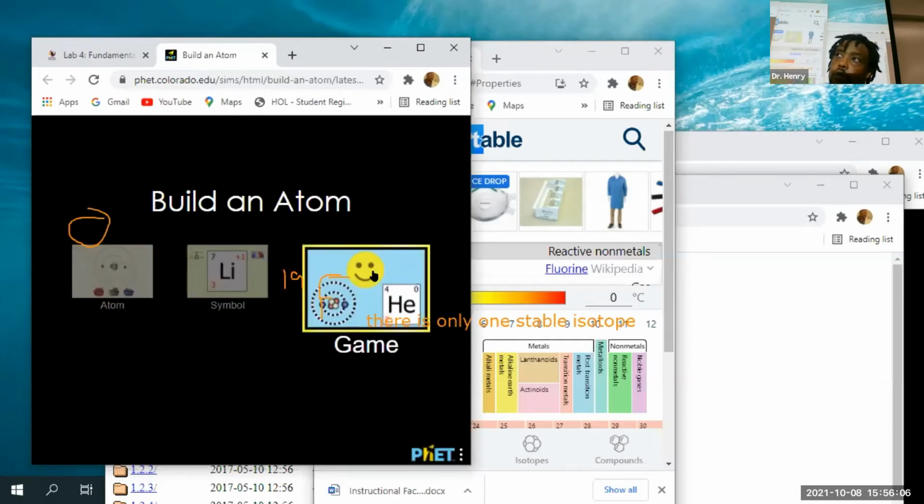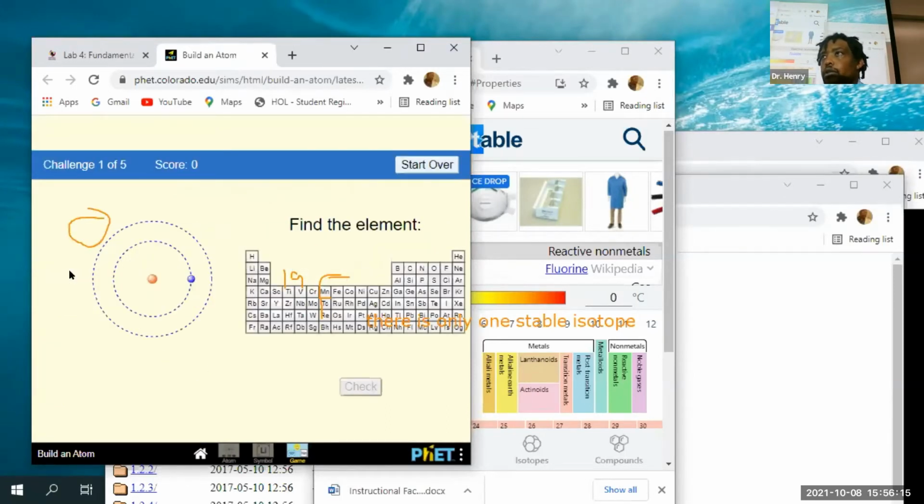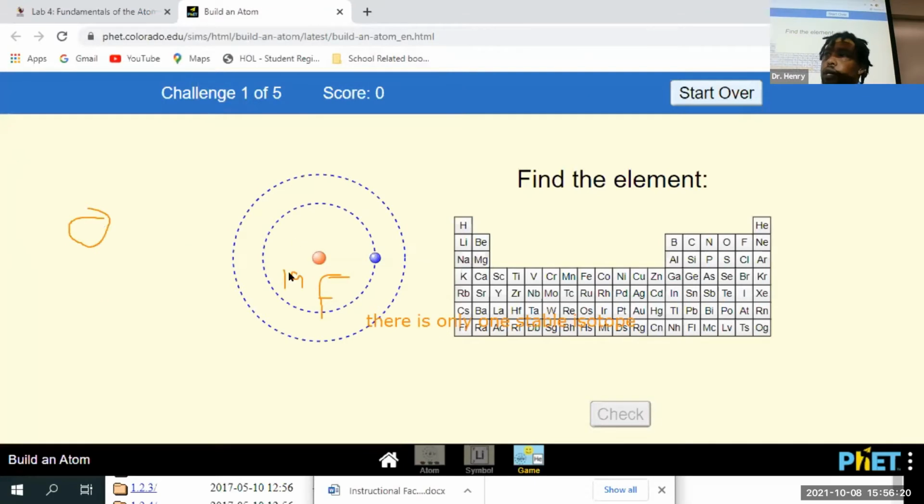Okay, so click onto game. So here, let me make this a full screen. They want me to find the element that has one proton and one electron. What element has only one proton? Hydrogen. So I'll go ahead and click hydrogen.